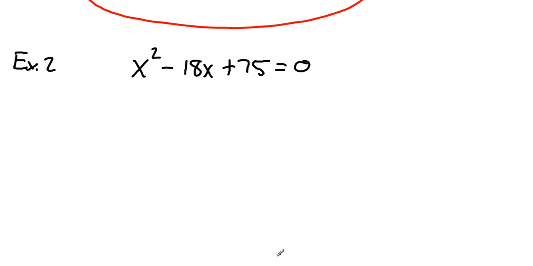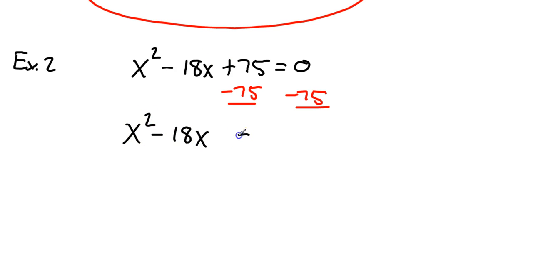Okay, so, and again, it will tell you, do completing the squares. So the very first thing you're going to do is get rid of that 75. You get it to here.